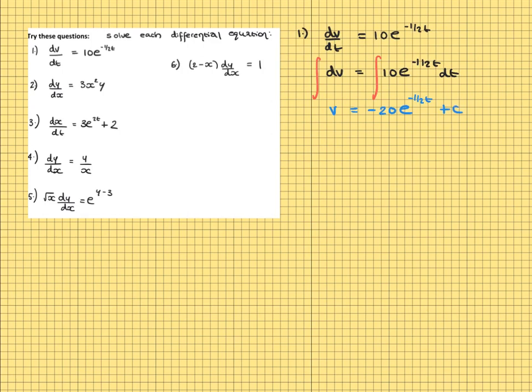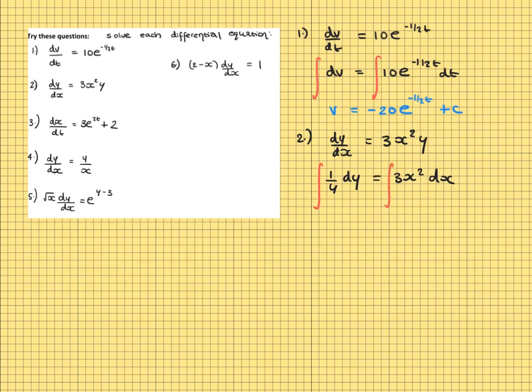Question 2. We have dy by dx equals 3x squared y. So separating variables, we have this. And let's integrate as follows.